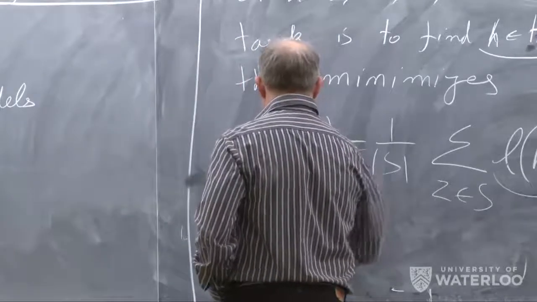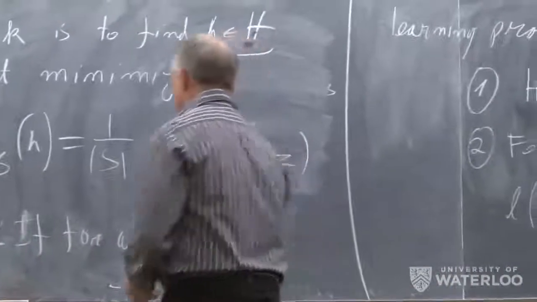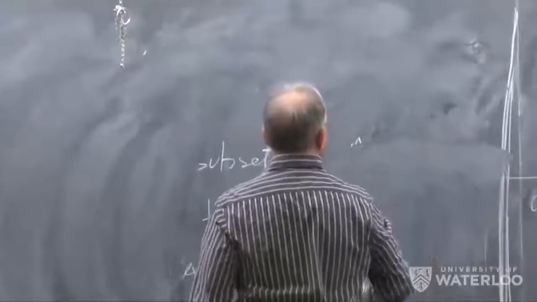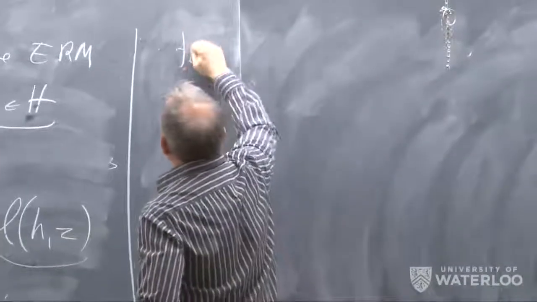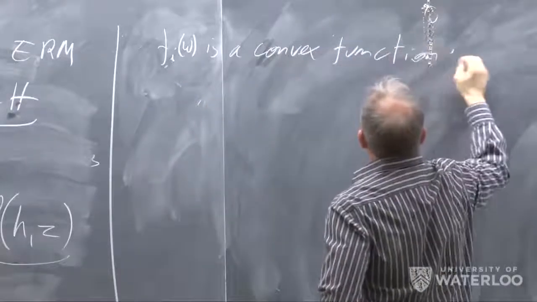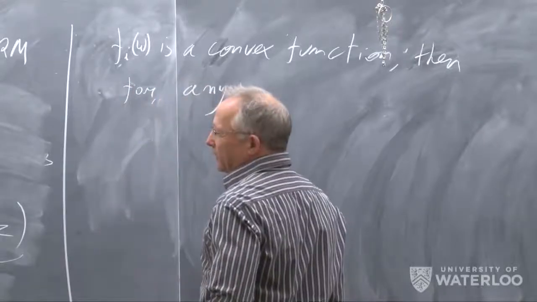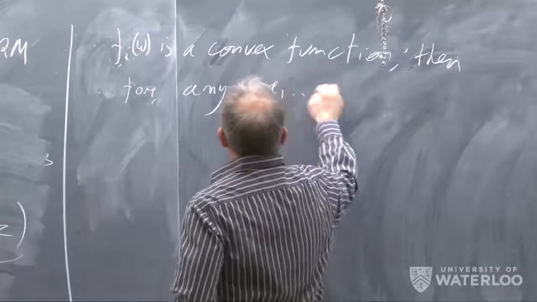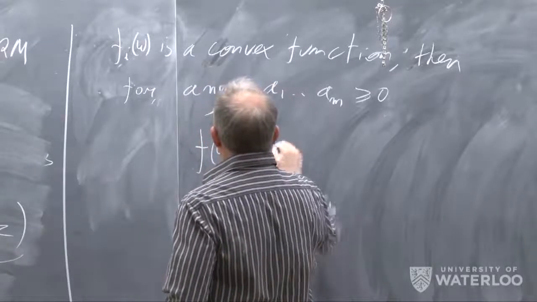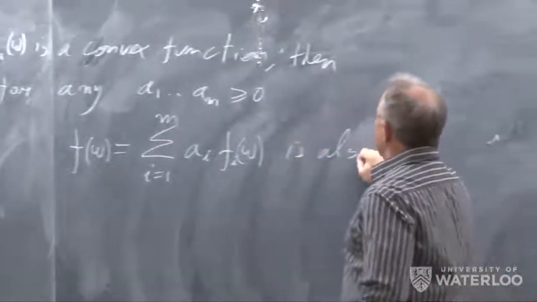that if for all i between 1 and m, fi of W is a convex function, and then for any weights, so I will not use W here because it may be confusing, for any A1 up to AM which are greater or equal than 0, the function f of W equals the sum over i from 1 to m of Ai fi of W is also convex.